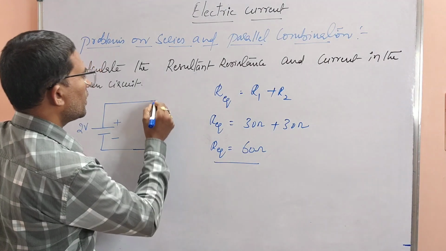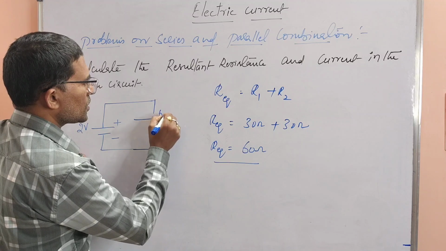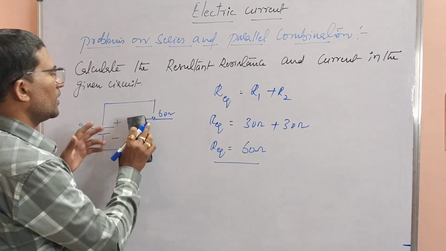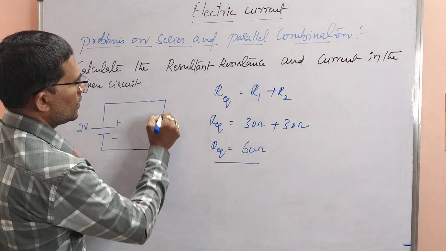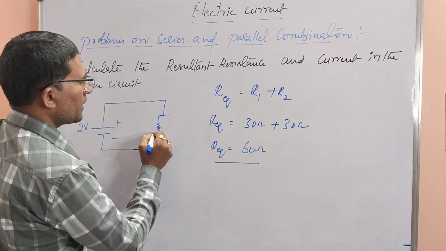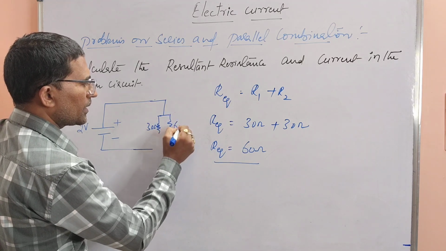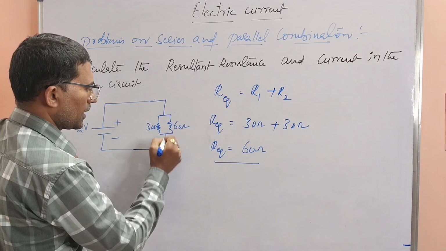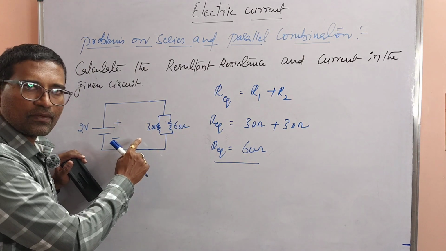Now I will modify the circuit. One resistor is 30 ohm, already given, and the equivalent resistance we calculated I will make 60 ohm. Now the circuit is modified like this.